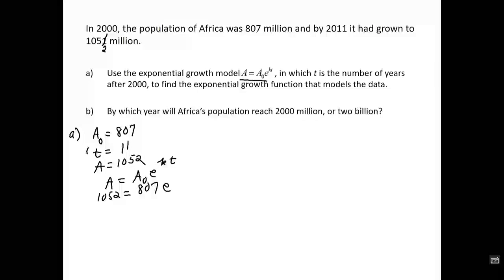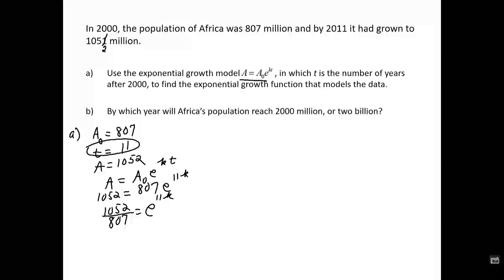In this case, t is 11, so I make that substitution and get 11k. What we want to do now is to solve this equation for the constant k. So we have 1052 divided by 807 is equal to e to the 11k.